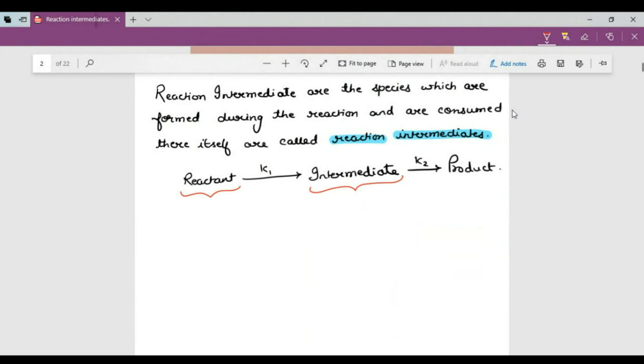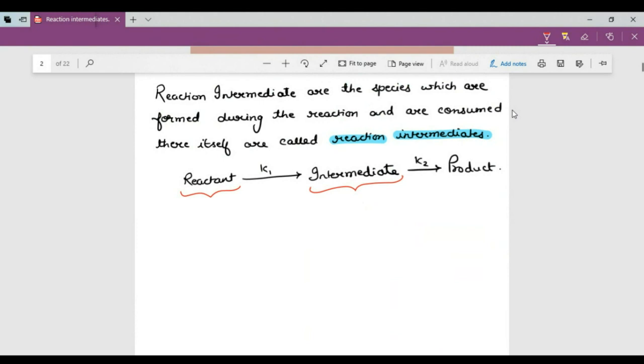Otherwise, it is not that only one intermediate or always an intermediate will be formed in the reaction. It is not compulsory that a reactive intermediate is always involved in a reaction. But yes, if it is involved, then it is formed from reactant and then is converted to product.